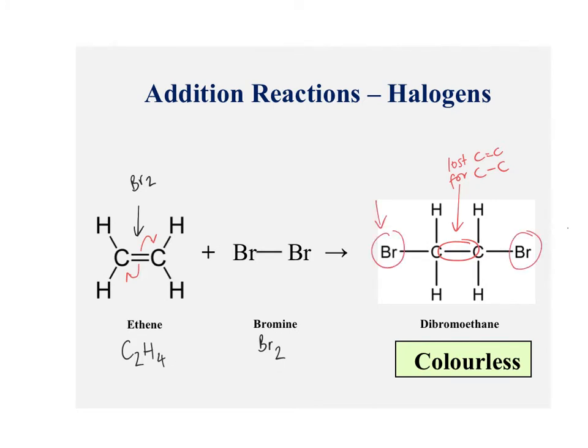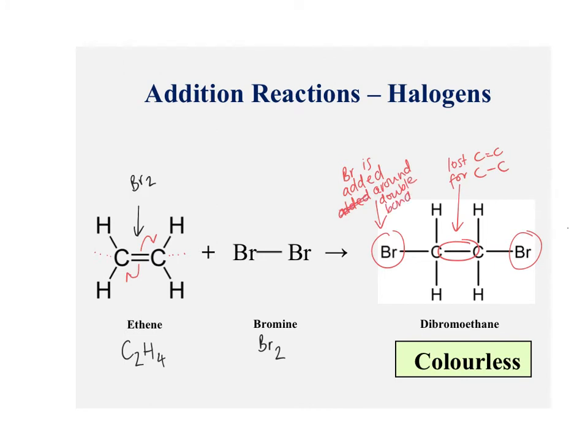So what that carbon-carbon double bond has done has almost become an extra arm. Okay, so the bromine is added, and it only gets added around the double bond. Oh, I've written added twice. Okay, but you get my drift.